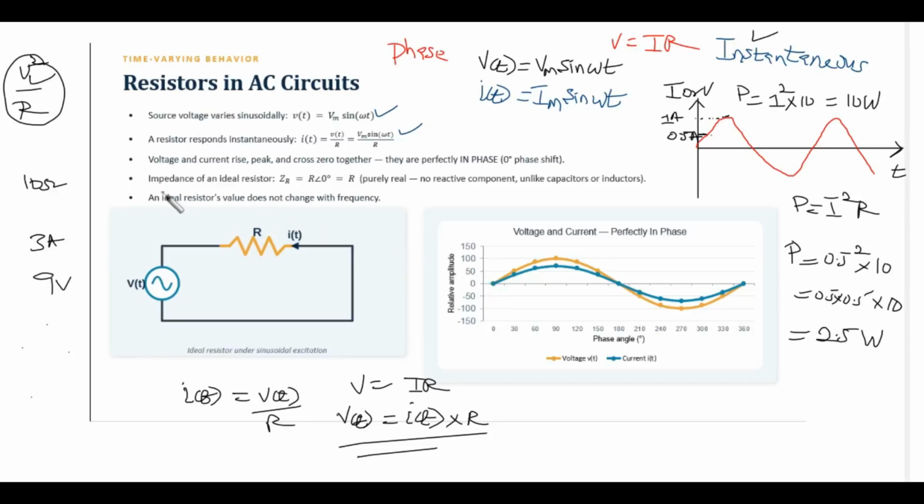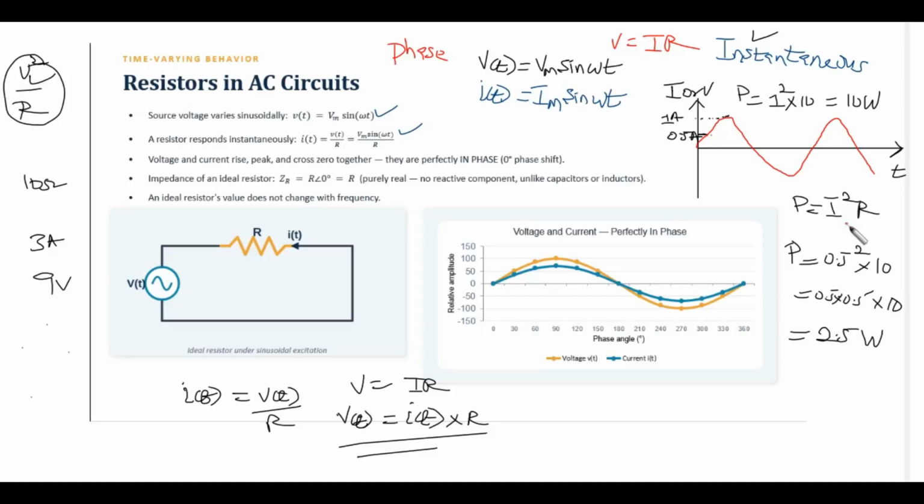All right. Then the next thing is that the impedance of an ideal resistor is equal to the resistance value. There is no reactive component because capacitors and inductors are not present. And then an ideal resistor's value does not change with frequency. So we have said that in an AC circuit, the AC does not change the value of the resistor.